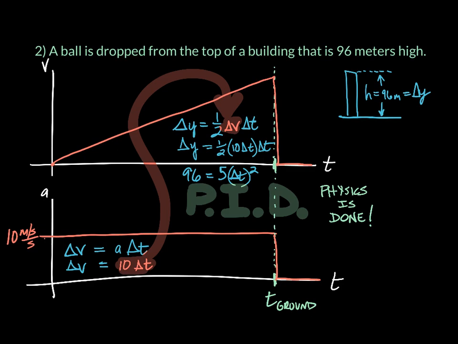Delta t is just going to be the square root of 96 over 5, which is, I think, 4.4 roughly, when you do the math.